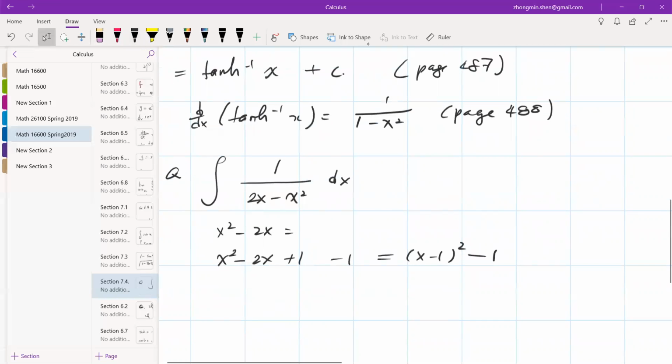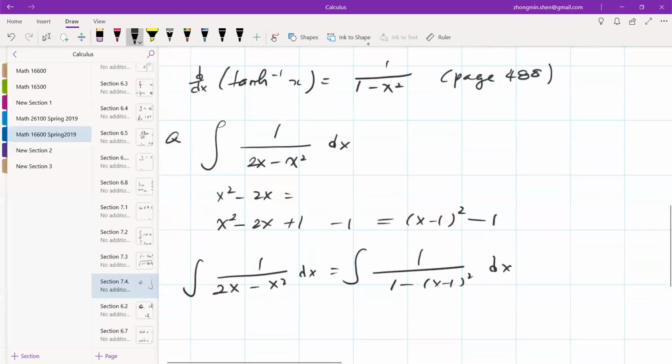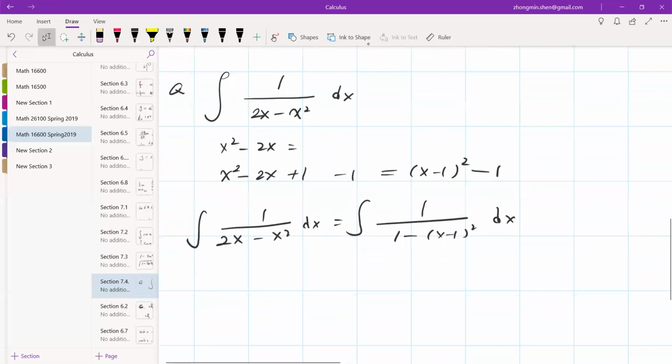So for the integral of 1 over 2x minus x squared, there are many ways to solve this problem. This will be the negative of that, so it's minus 1 over (x minus 1 squared minus 1) dx. You know what the next step is: use substitution. You let u be x minus 1, then du equals dx. So the integral becomes 1 over 1 minus u squared du, and we go back to that form.